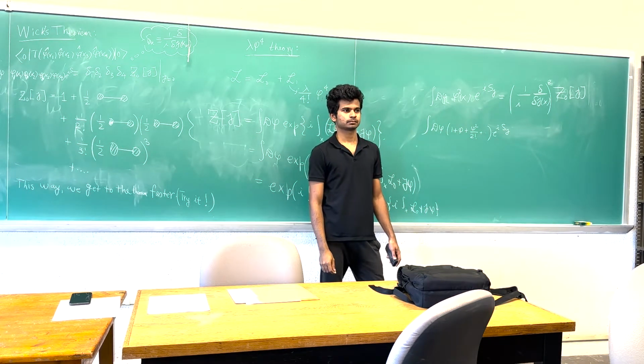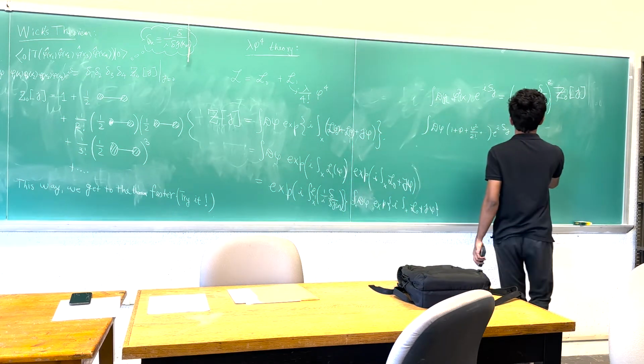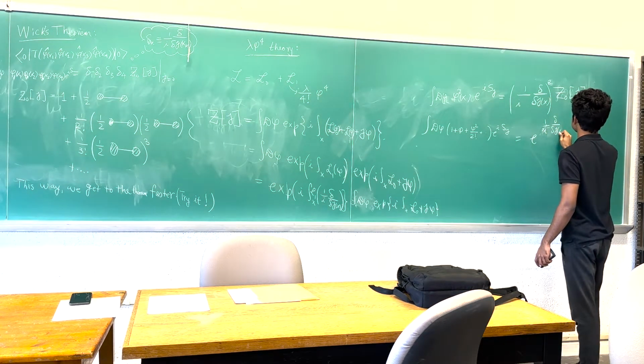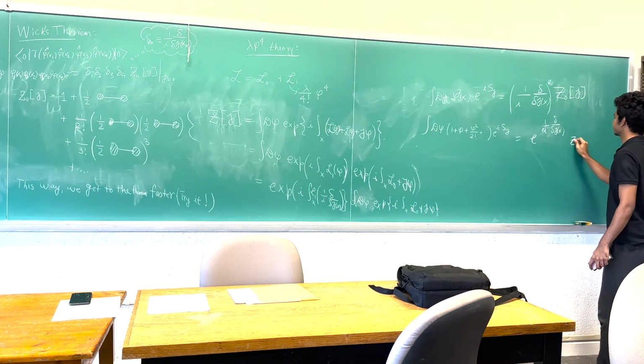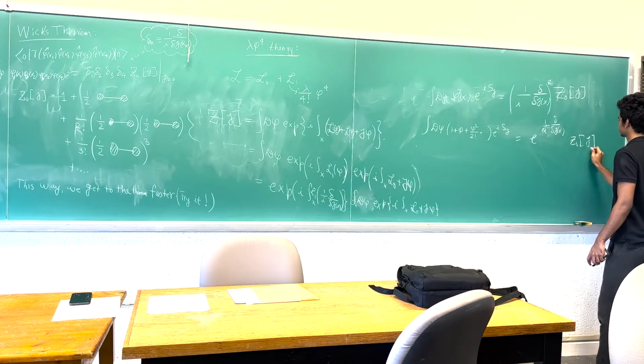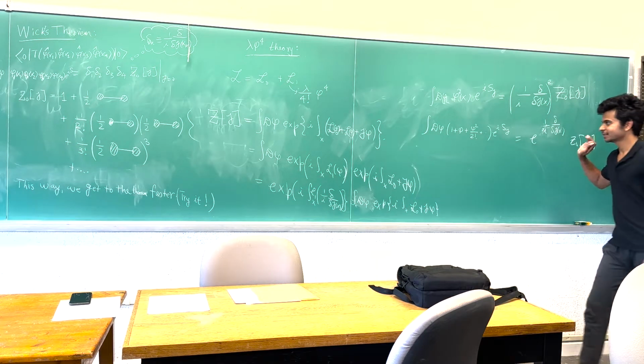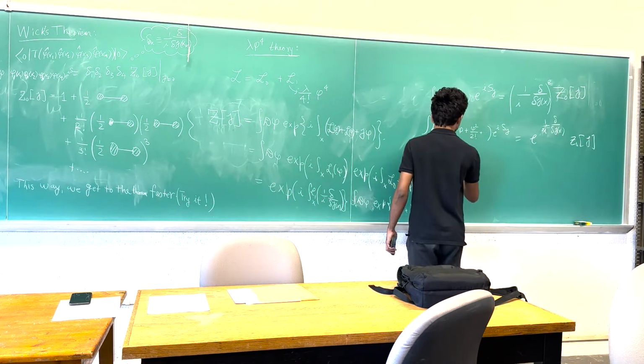It's e to the i, e to the 1 over i delta over delta J(x) on Z naught of J, right? So it's a function of an operator. Is this clear?